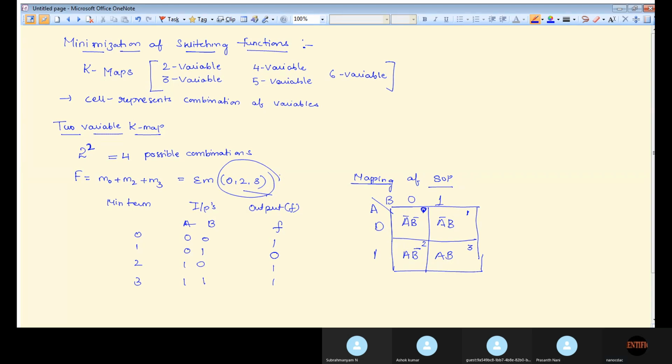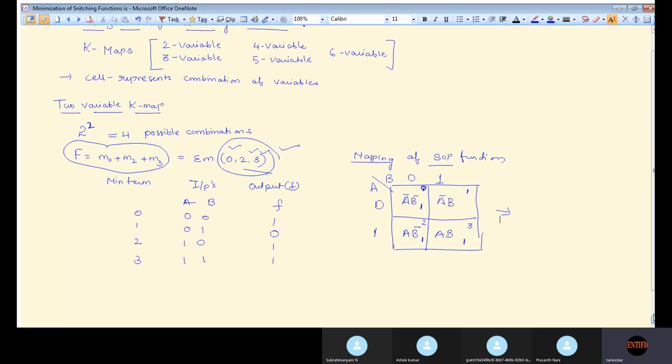Now 0 is there, 2 is there, 3 is there, so I put 1, 1, and 1 here. This is the mapping of the SOP function into the K-map. The function is given here and I am mapping it into the K-map.